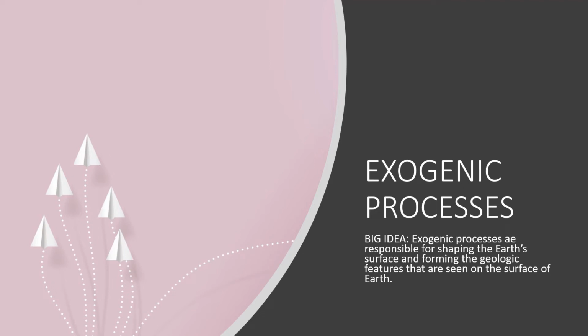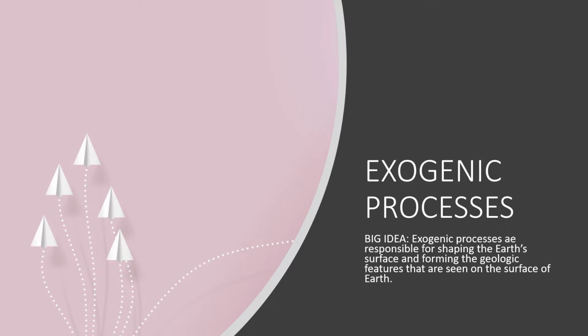Hello everyone. Now we are going to discuss exogenic processes, particularly weathering and mass wasting. We have to remember that Earth's surface is constantly changing and that the geological processes involved in shaping Earth's surface are continuous processes that are sometimes observable.